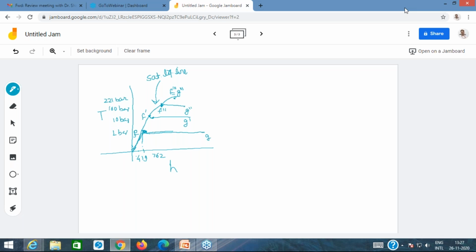At this point you will find that F and G overlap, and the meaning is that this HFG value goes on reducing with the increase in pressure, and finally at the critical point the HFG value becomes zero. There is no boiling.